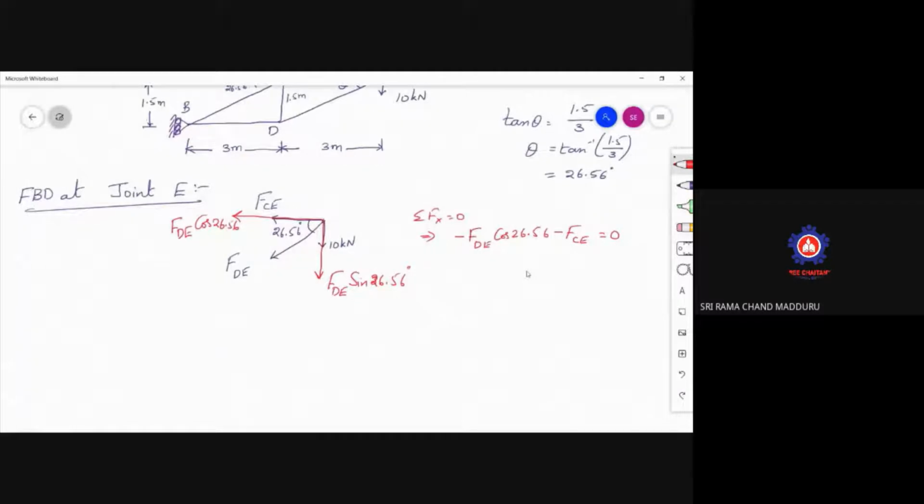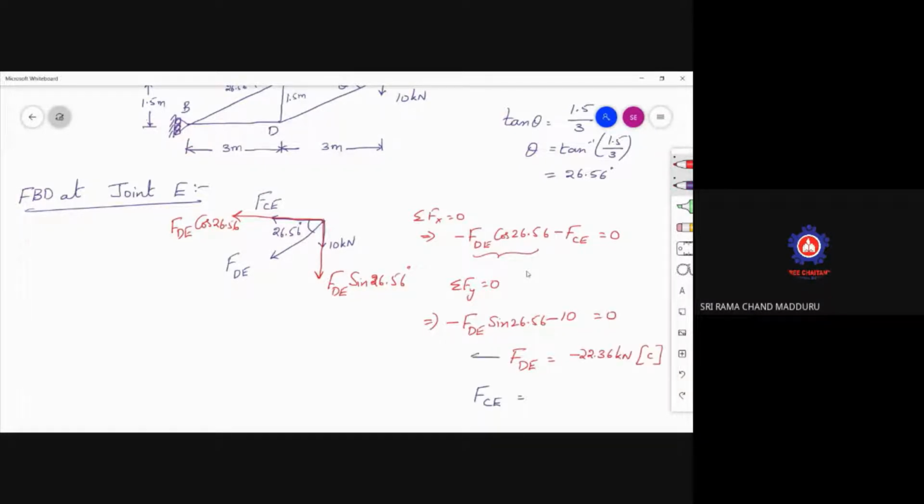From here, sigma Fy is equal to 0: minus FDE sin 26.56 minus 10 equal to 0. So you can tell me the value of FDE: 10 by sin 26.56.